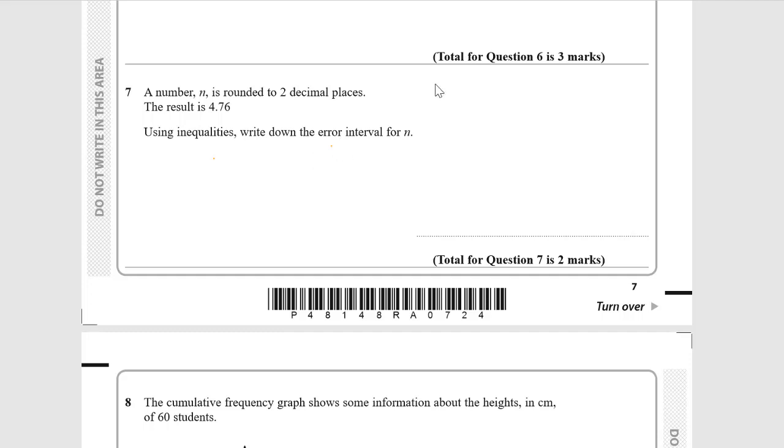So question 7. A number n is rounded to 2 decimal places, 4.76. Using inequalities, write down the error interval for n. So if we say that this is 4.76, if it was rounded, say 4.765, and this one here 4.755.